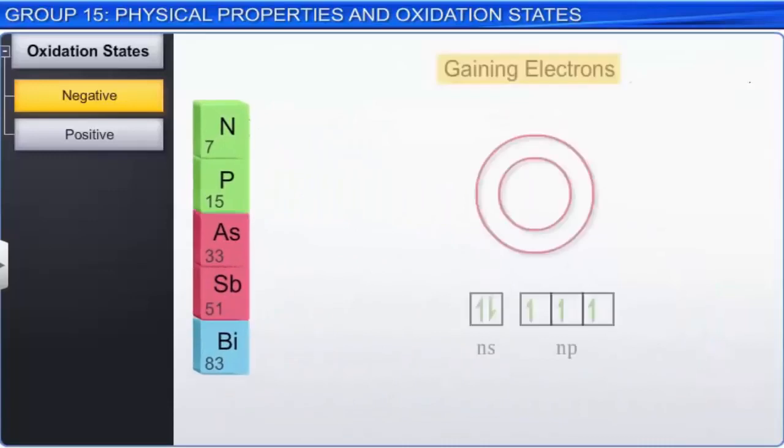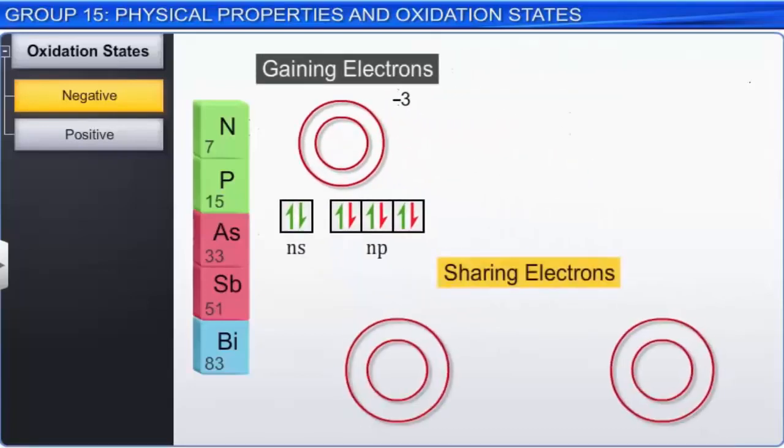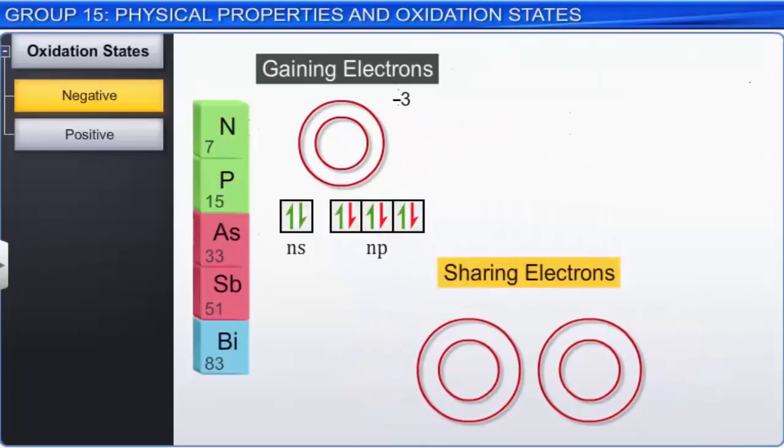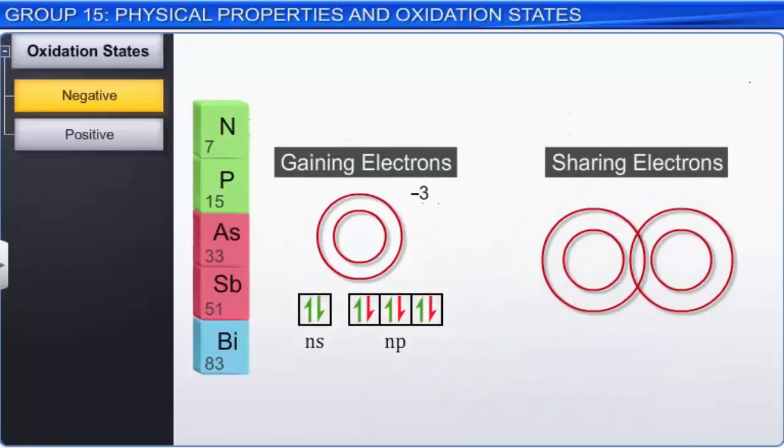The octet can be achieved either by gaining 3 electrons or by sharing 3 electrons by means of covalent bonds. As a result, the common negative oxidation state of these elements is -3.